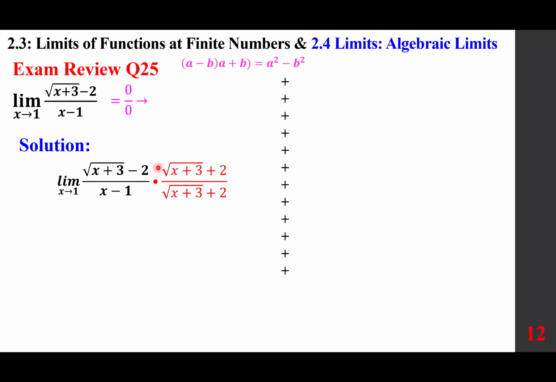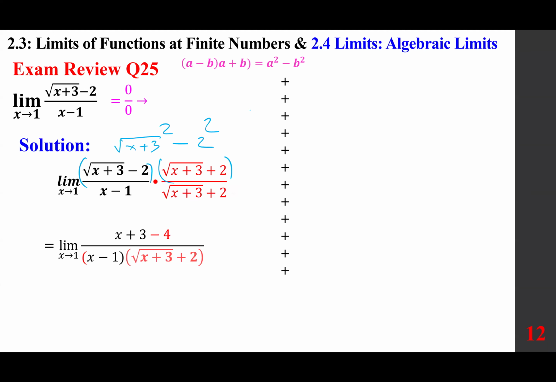So when you multiply these two, you get square root of x plus 3 squared minus 2 squared. So you get x plus 3 minus 4, which gives us x minus 1. As far as the denominator, we never ever touch the denominator.